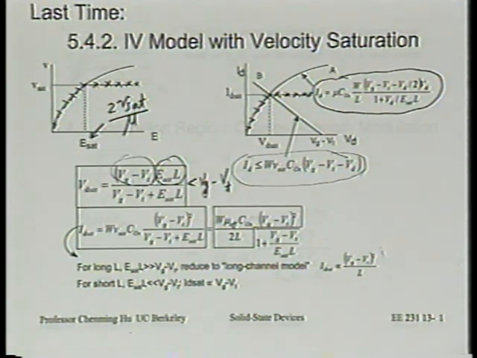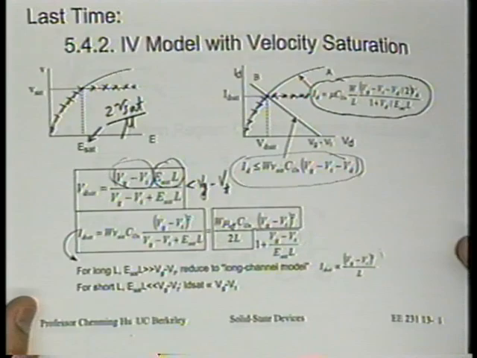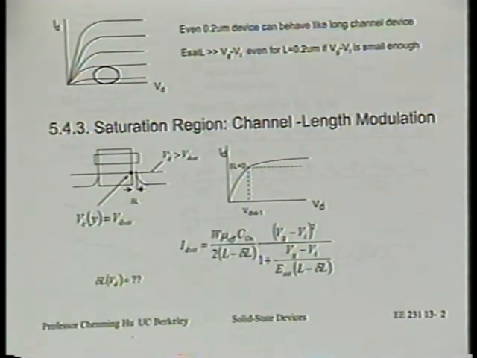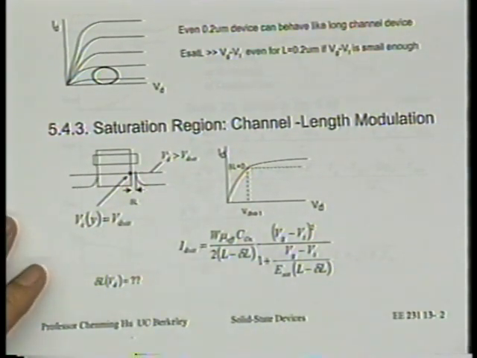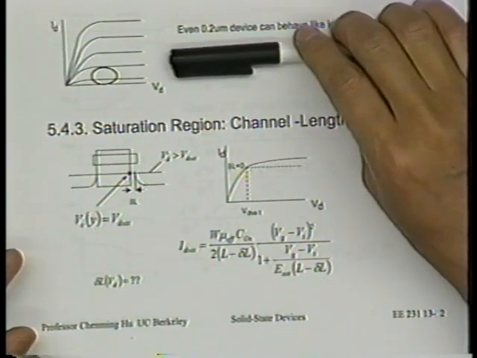Any questions about this model? This has been found to be a very good model, capturing the velocity saturation effect quite well. Now, last time I asked you a question, and let's think about it now.